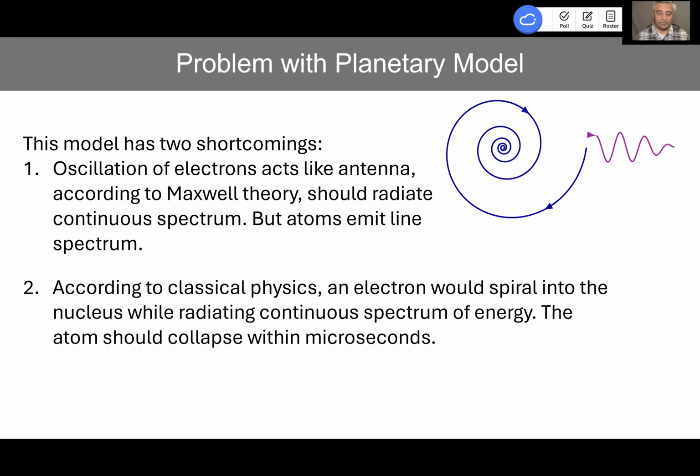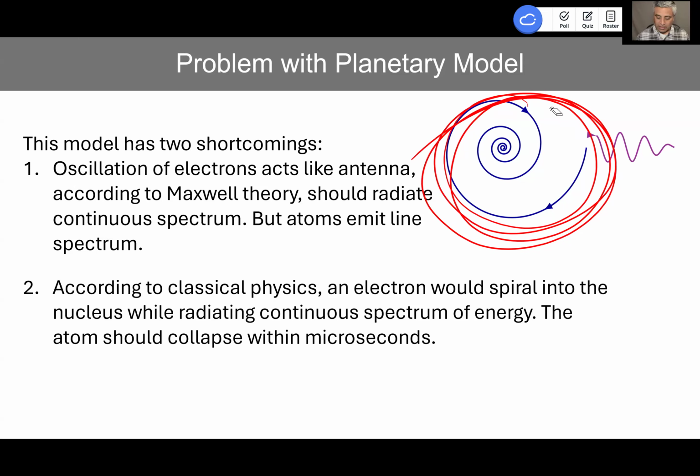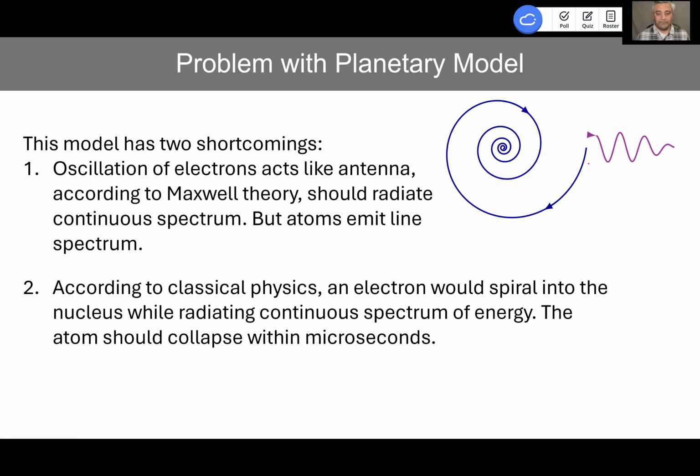For example, unlike planets, which don't have charge and because of that are not releasing any energy, electrons are charged. So in classical theory, what happens when an electron oscillates? For example, in the planetary model, the electron is going back and forth around, let's say, the central positive charge.